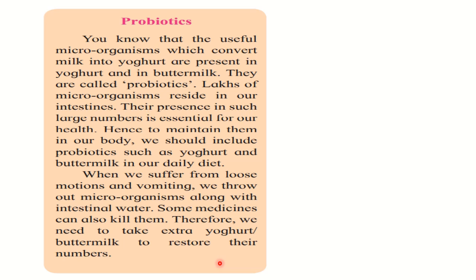So whenever we suffer from loose motion or vomiting, we should have yogurt and buttermilk to restore their numbers back in our body. Even when we take medicines, useful microorganisms are killed, and so to restore them, we should include yogurt or buttermilk. So you can understand the importance of yogurt and buttermilk here.